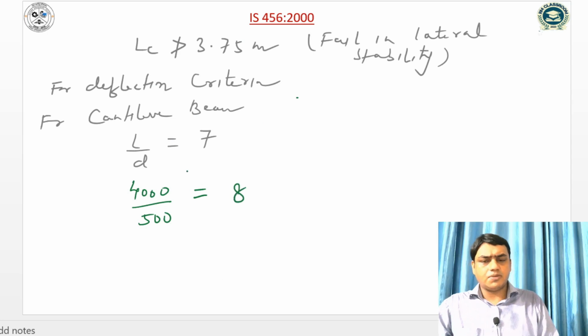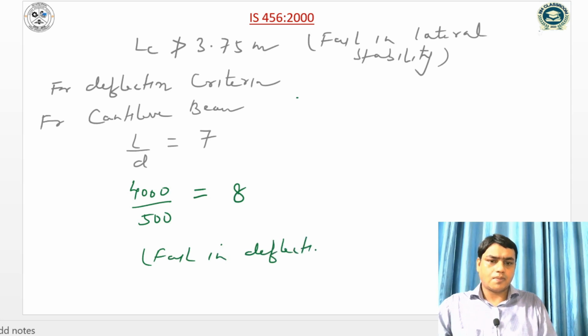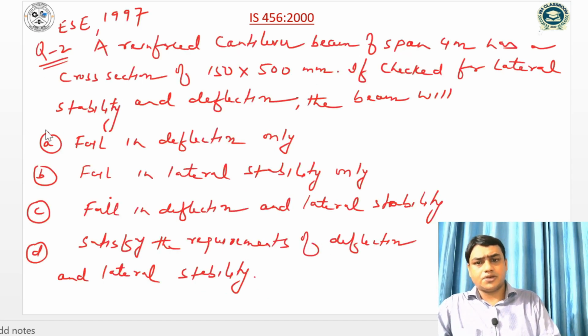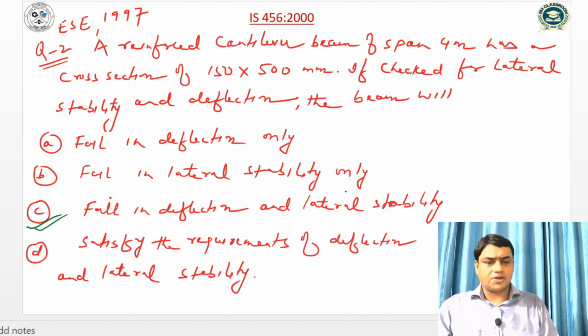So once again it will fail, because L by D should be 7, here 8, so fail in deflection criteria also. This beam fails in both lateral stability and deflection criteria. So our option C is correct, fail in deflection and lateral stability.